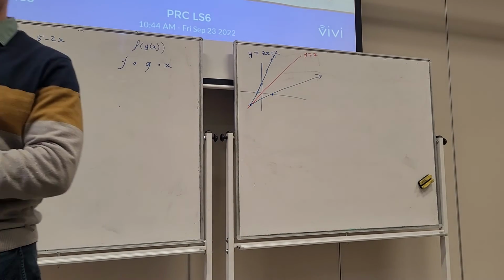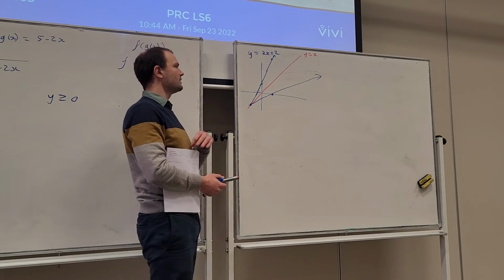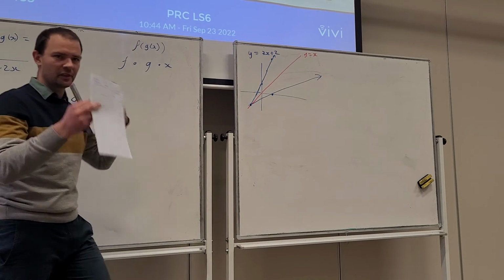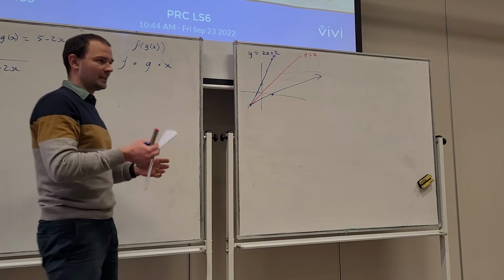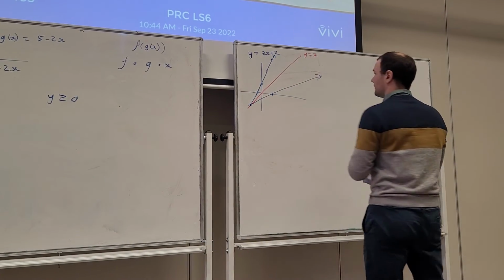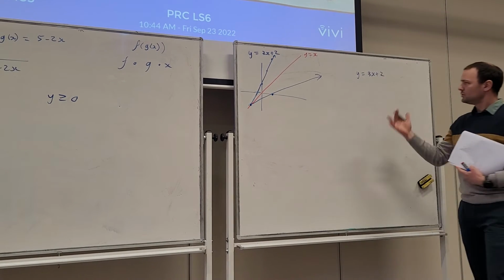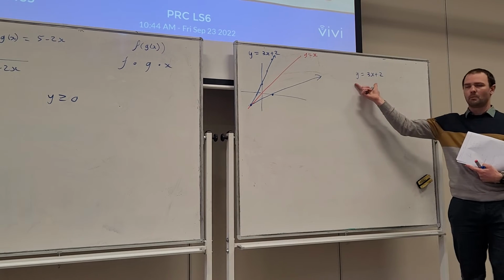That's the inverse function. From that you could graph it and know what the graph looks like, and you could use coordinates along that line to find the inverse function. We're going to use variable interchange. If we have y equals 3x plus 2, we just swap the x and y.